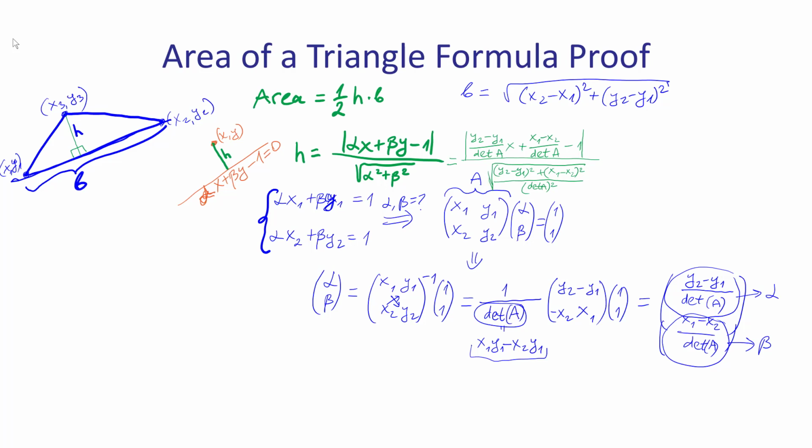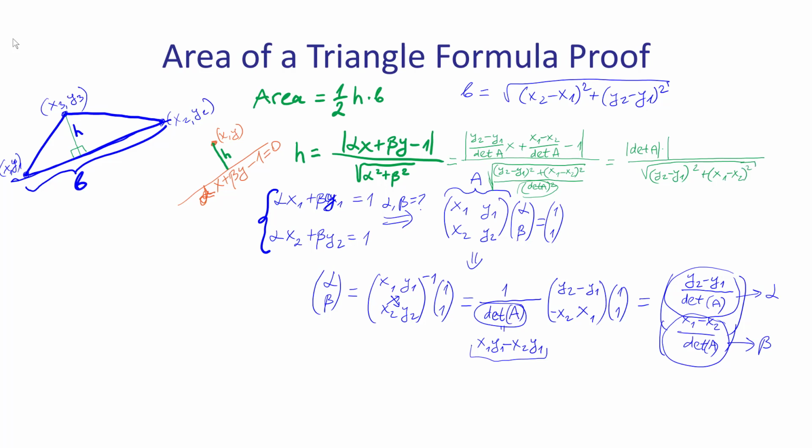Now pay attention that if I take that thing out of the square root, I will get the following. It will be the absolute value of determinant of A multiplying another determinant, and at the bottom I will have the square root of y2 minus y1 squared plus x1 minus x2 squared.